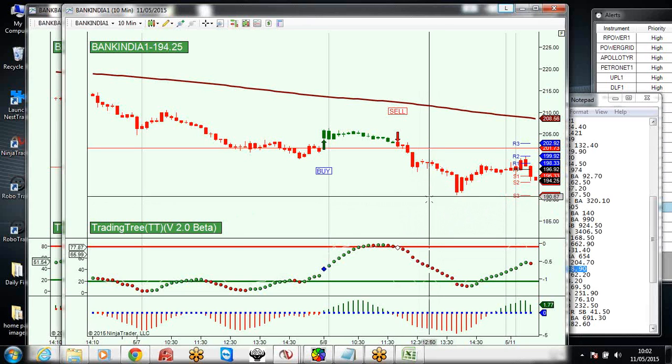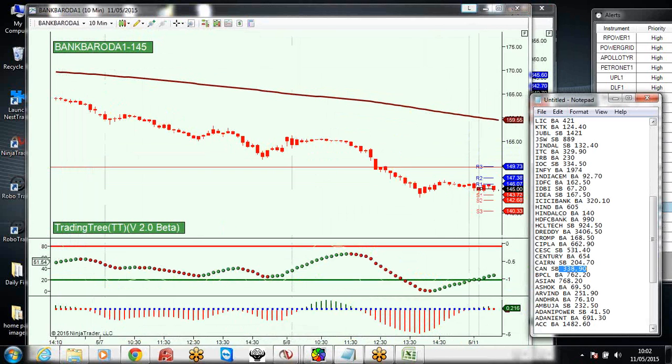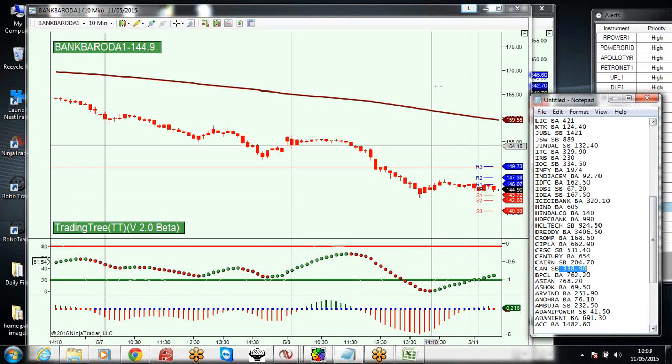Bank of India, we can short it below 190.90. At 143.25, you can short Bank of Baroda.